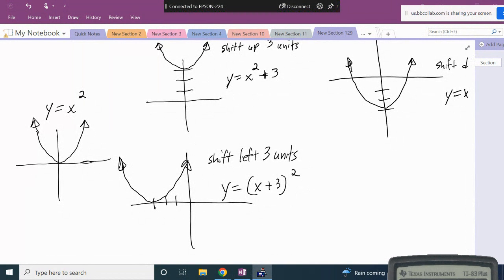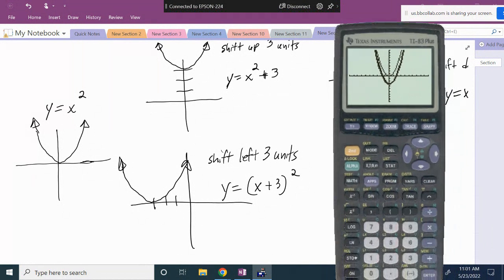But if we look at the shift to the left, we would take the value for x, add 3, and then square it. Notice that this first plus 3 is simply attached to the outside of our function. But for the shift left, the plus 3 is actually attached inside the function.